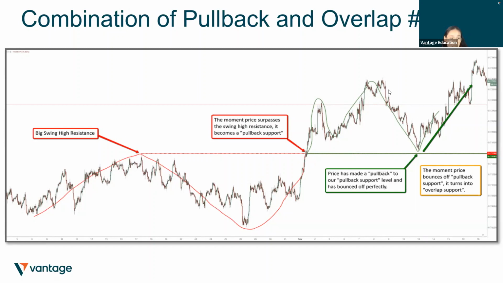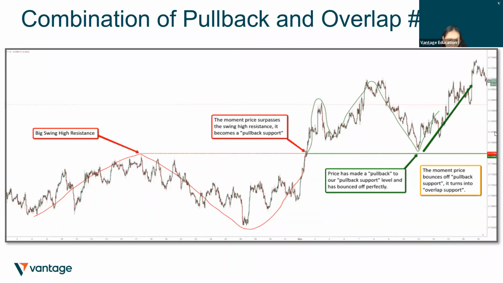So only when price has bounced off or reversed off of the same level, then it becomes an overlap support. Overlap in the sense that a swing high overlaps with a swing low at the same level. I hope that makes sense.